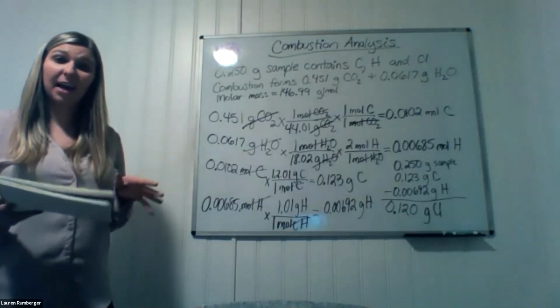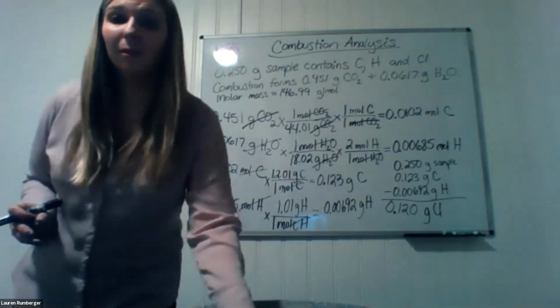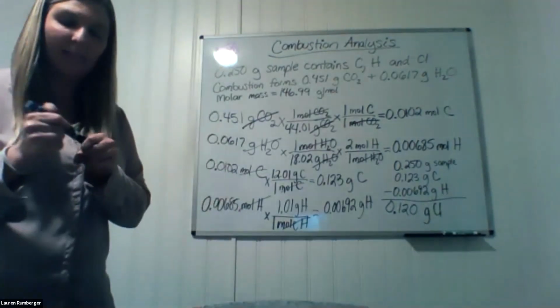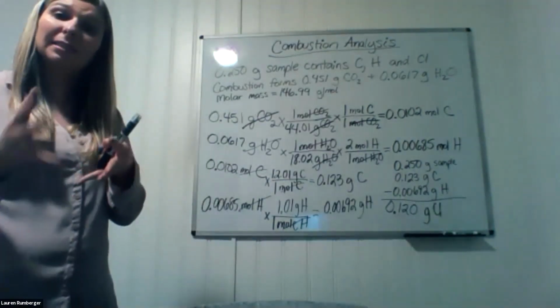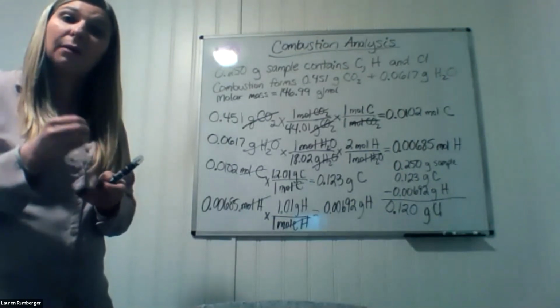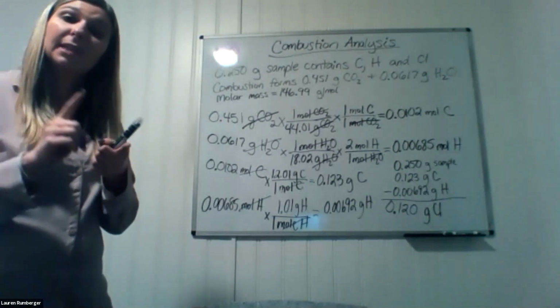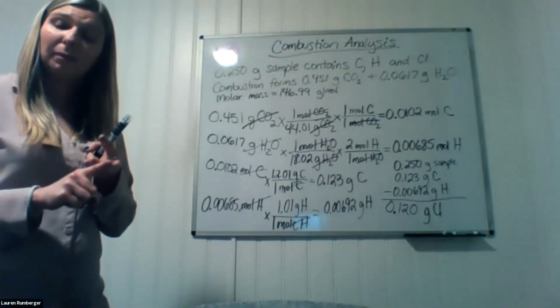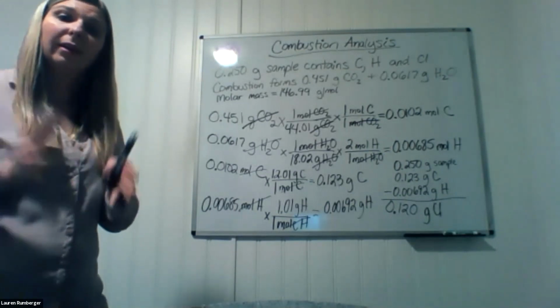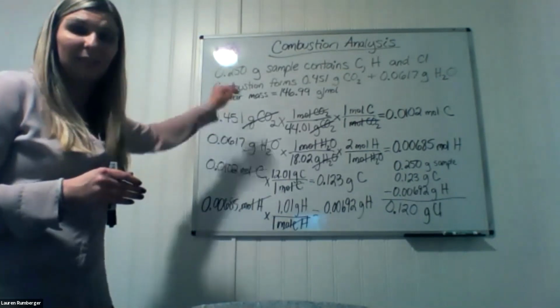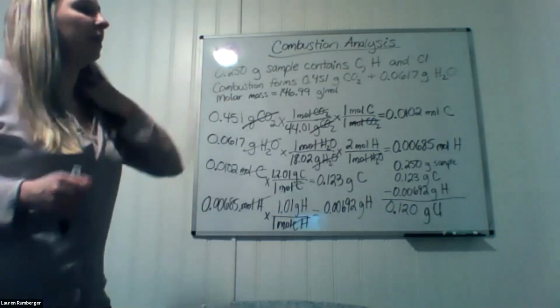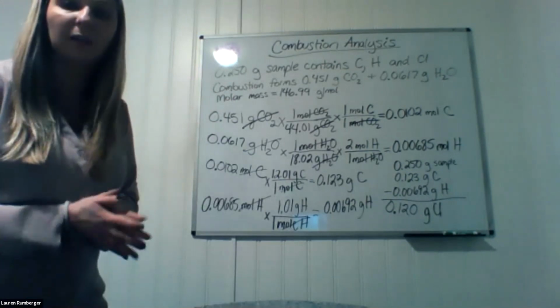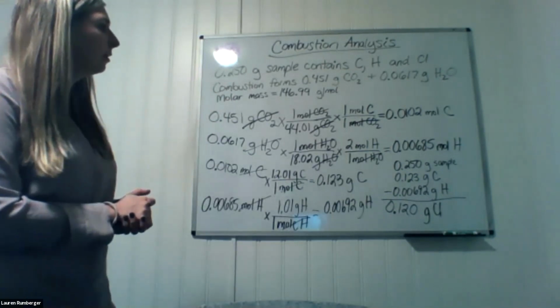Okay, so as you can see, I ran out of space. So the next step that we're going to do, now that we know the mass of all the elements that make up the compound, now we're going to apply the steps to empirical formula and then determine the molecular formula from our molar mass that's given. Okay, so now I'm going to clear my whiteboard here.